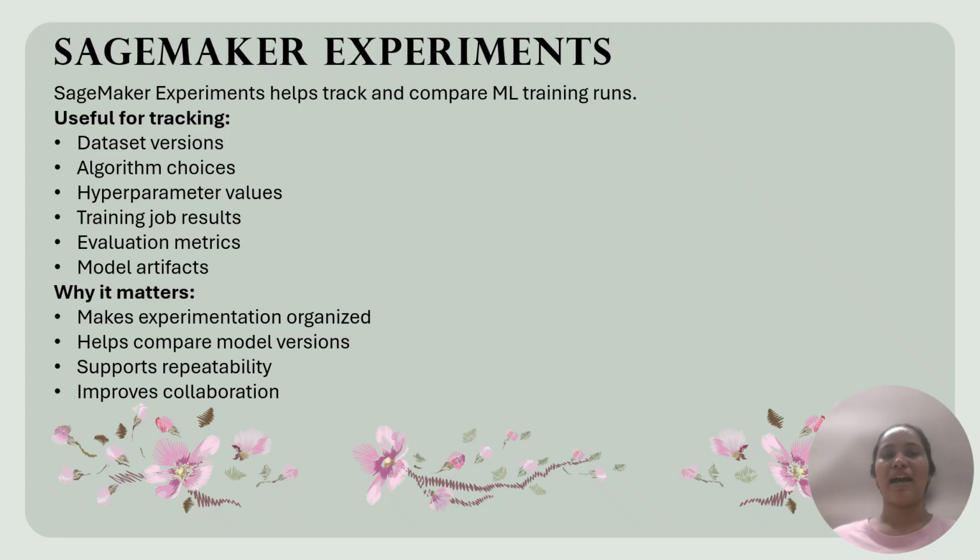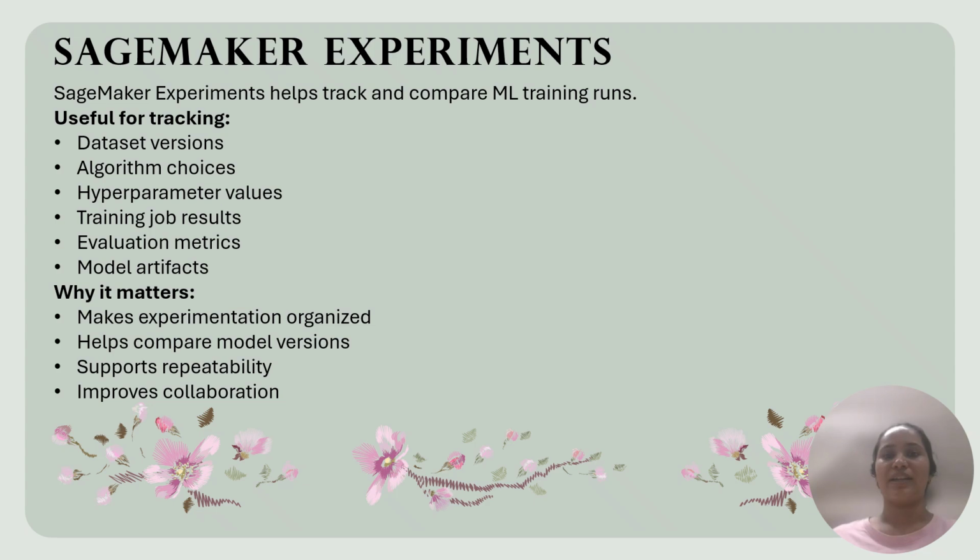Some of the key items that can be tracked include dataset version, algorithm choice, hyperparameter values, training job results, evaluation metrics, and model artifacts. For example, imagine training multiple versions of a model using different algorithms.